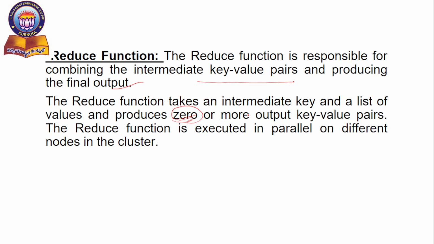But in many cases, it generates key value pairs based on the given input. The reduce function is executed in parallel on different nodes in the cluster. So as the mapper performs parallel processing in the cluster, the reducer function also gets executed in parallel on the different nodes available in the cluster.